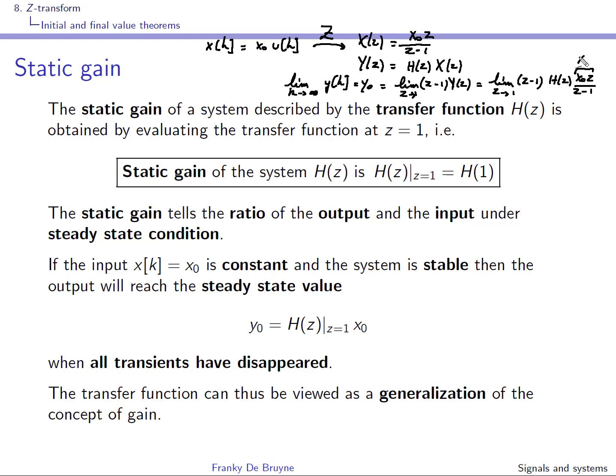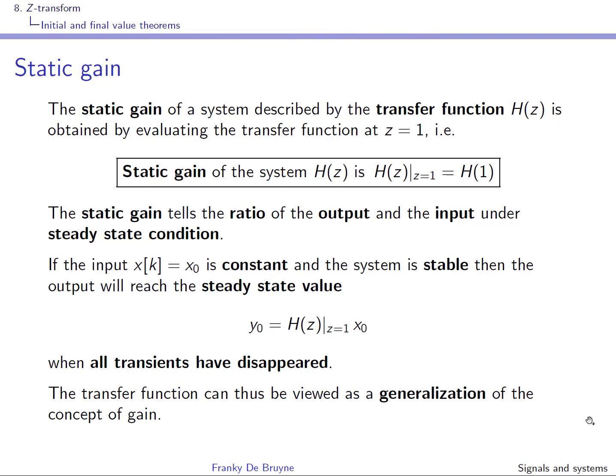So this is x of z over here, right? So this will cancel out, and I'll write it over here, the limit when z tends to 1 of h of z times x0 z, so it will be h of 1 times x0. So we have that y0 is h of z evaluated at z equals 1 times x0, so this is indeed the static gain.